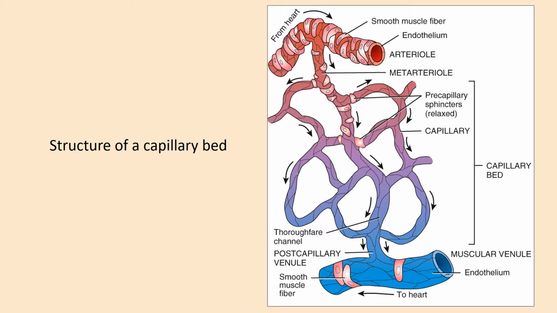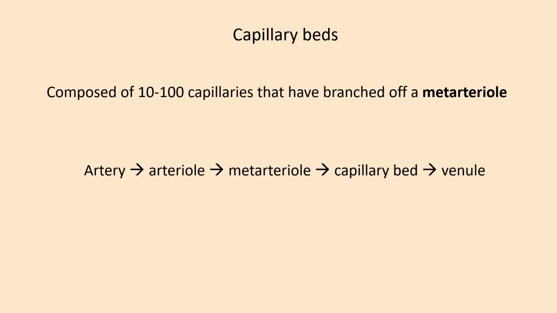An important part of a capillary bed is that central vessel that extends from the arteriole to the venule, and that's called a metarteriole. The metarteriole has several capillaries branching off of it. So a capillary bed can vary in size.